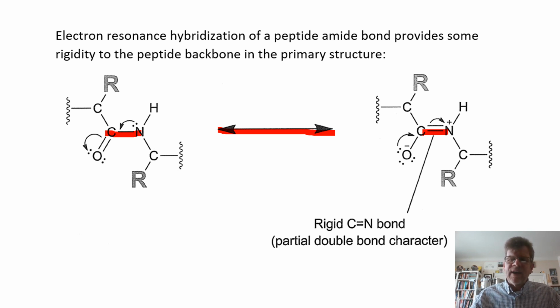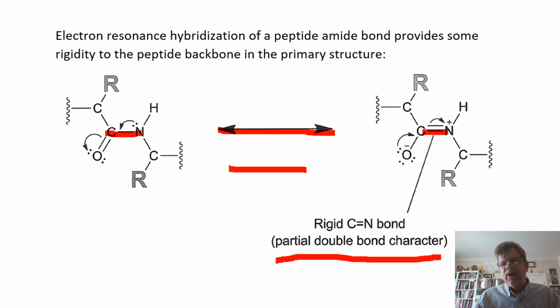So what I say is since we're a hybrid in the middle here, what we have is a partial rigidity, partial double bond character, and what that does is it rigidifies the peptide backbone of any protein to a small extent, enough such that certain other types of repeating structure are able to be formed, which lead us to our next level of protein structure.